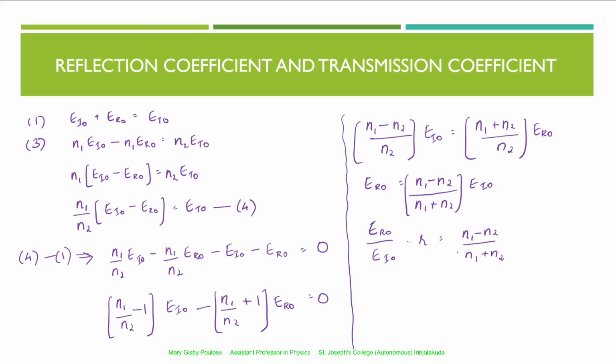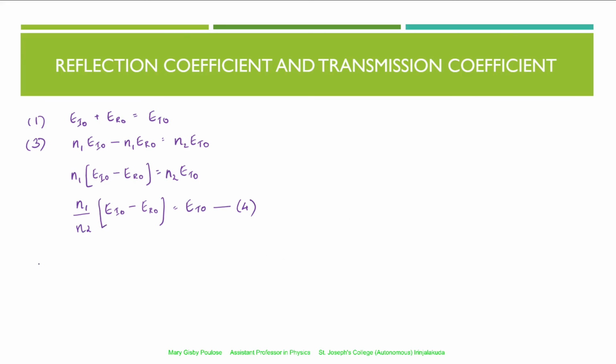Thus, the reflection coefficient or reflectivity capital R, given by r square, can be written as the whole square of n1 minus n2 by n1 plus n2, the whole square. Let this be your equation A.